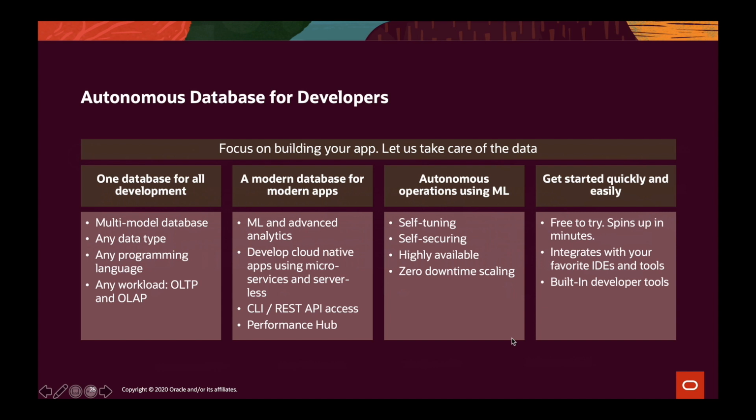This multimodal approach simplifies data integration across multiple data formats. Oracle Machine Learning included with Oracle Database can help developers build intelligent apps leveraging machine learning and advanced analytics. Developers also find ease of access with CLI and REST API very useful.